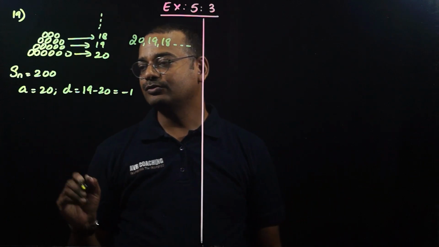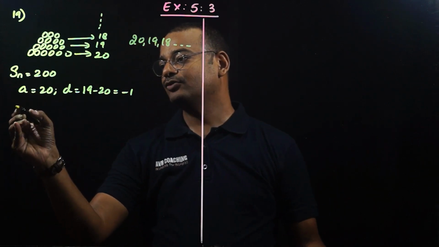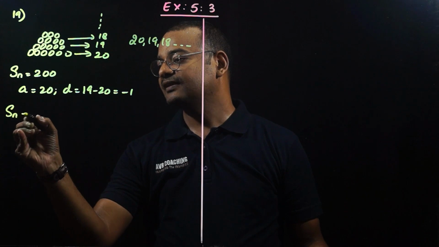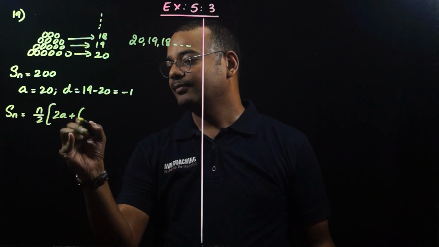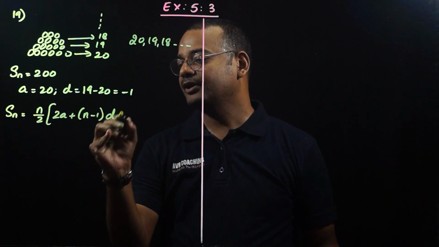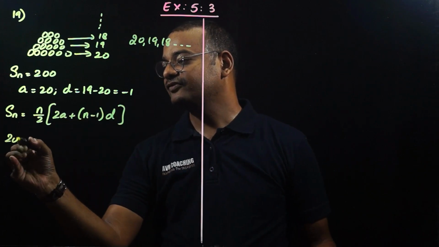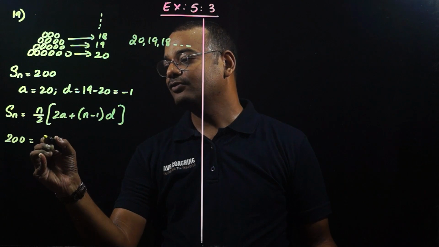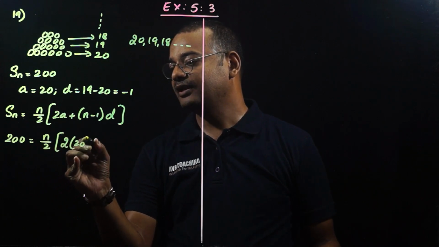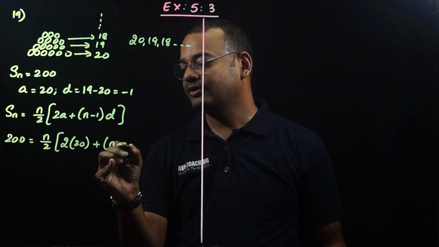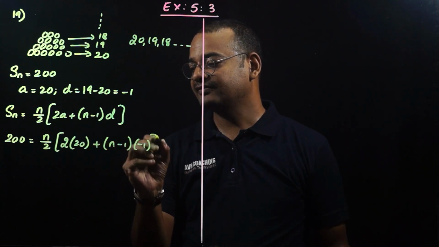So A value is 20, D value is 19 minus 20, which is minus 1. Now we will substitute to find the n value. We will substitute in Sn is equal to n by 2 into 2a plus n minus 1 into d. So Sn is 200, n we don't have, 2a where a is 20, plus n minus 1 where d is minus 1.